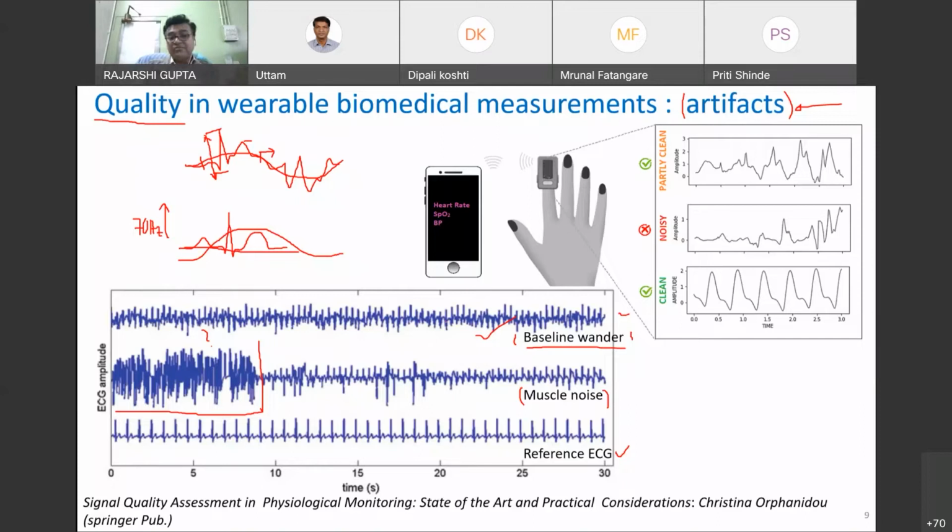So quality issues are there with baseline wander also. This is the case of an ECG.